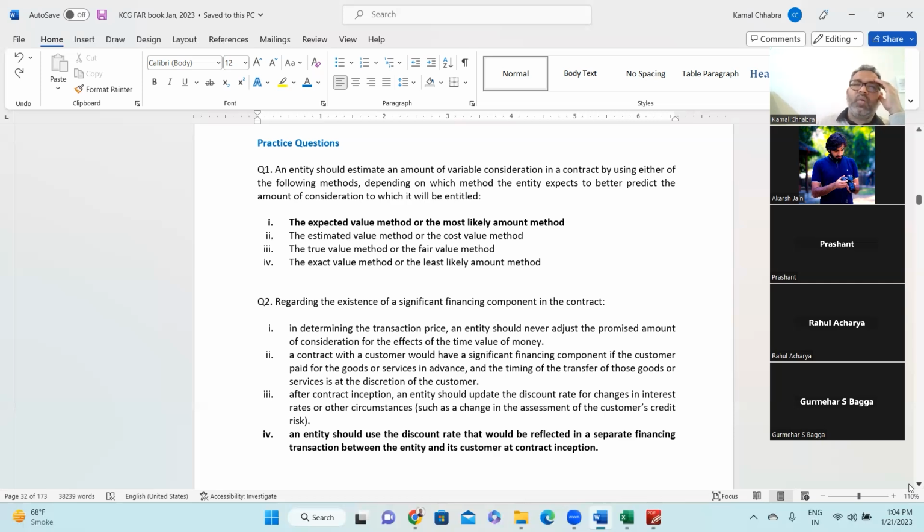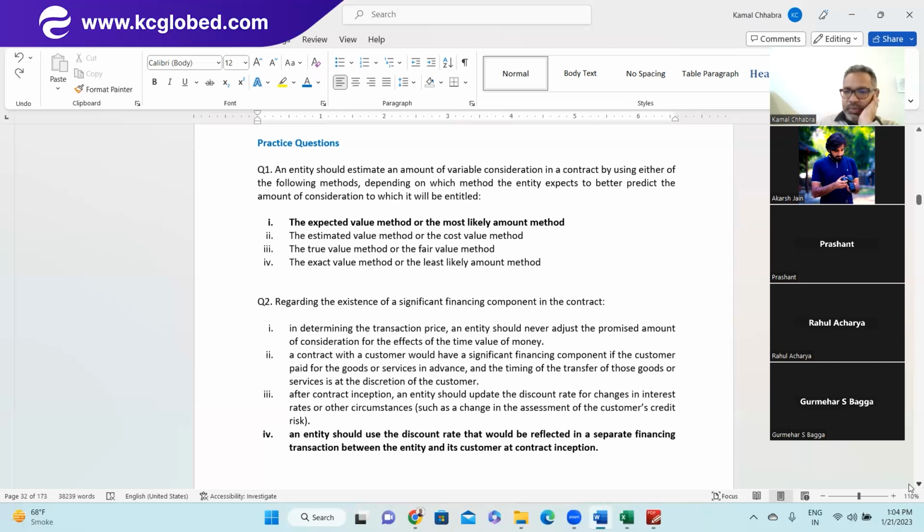Now, market interest rate has changed from 5% to 6%. So, will you be reducing or increasing the discount amount? No, we won't. Ideally, it should not be. I haven't seen any circumstance where discount has been changed due to market conditions. If that's the case, it will adjust in finance income, not the discount.